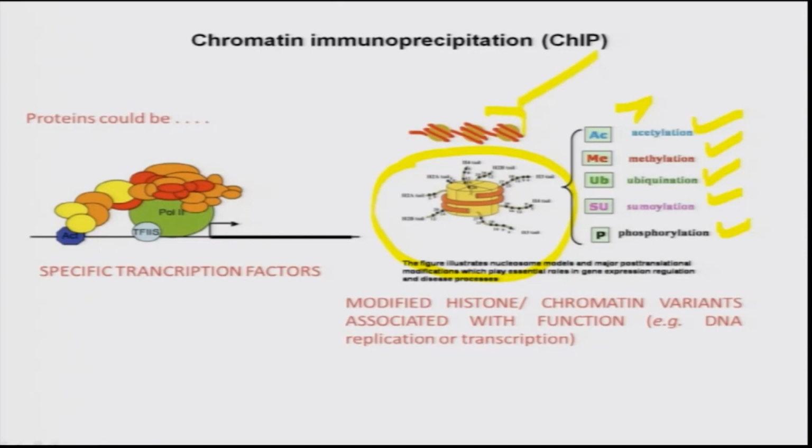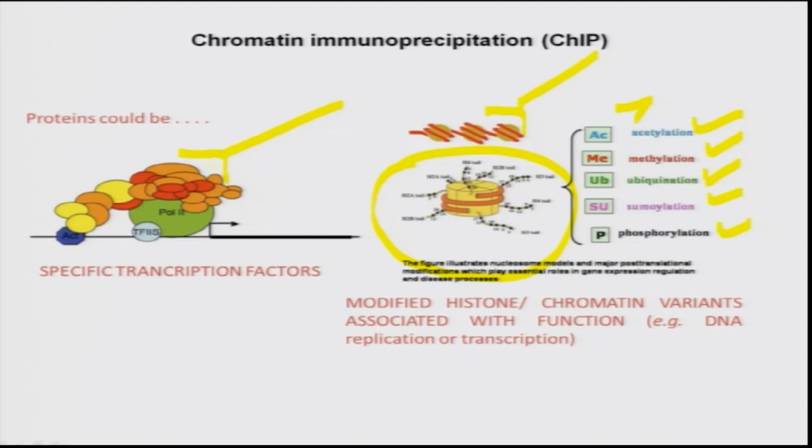Now you can use this as an anchor to pull down the DNA that is present close to it, then sequence the DNA, and it will tell you which regions of the chromatin are acetylated or methylated. So this is the way. Or I could use an antibody against any one of the transcription factors.